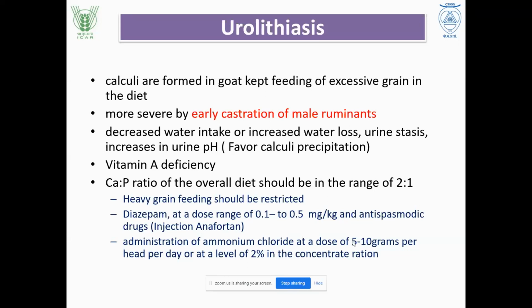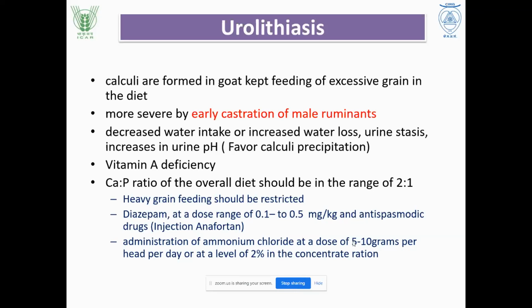So in this situation, preventive measures involve controlling heavy grain feeding. And if there is pain, you can use diazepam at a dose range of 0.1 to 0.5 mg per kg and other antispasmodic drugs. Administration of ammonium chloride changes the pH of the urine and disfavors the formation of uroliths.